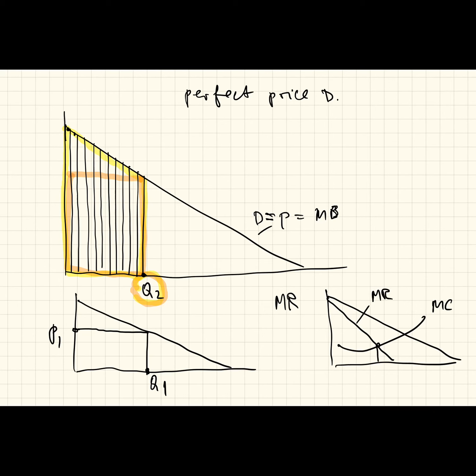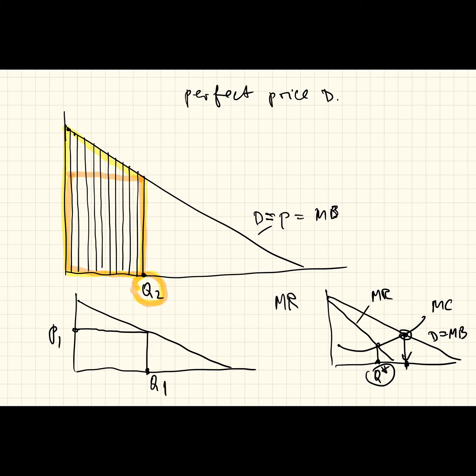And this quantity will be smaller than this quantity, because this is our demand curve, which tells us what marginal benefit is. So this is the point of allocative efficiency. And that's the amount a monopoly will produce to maximize its profit.